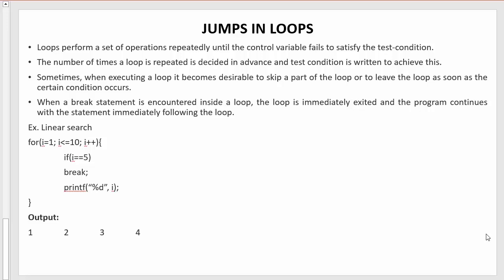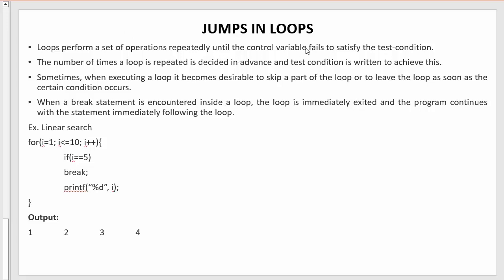Now let us start our discussion on this topic of jumps in loops. The first point is loops perform a set of operations repeatedly until the control variable fails to satisfy the test condition. As we have already discussed how loops work in our earlier videos, loops perform a set of operations repeatedly until a specific condition gets satisfied.